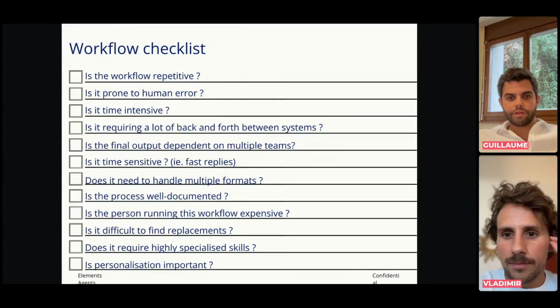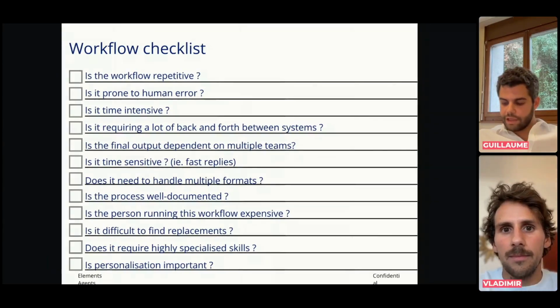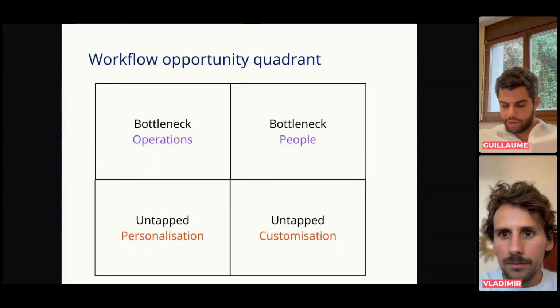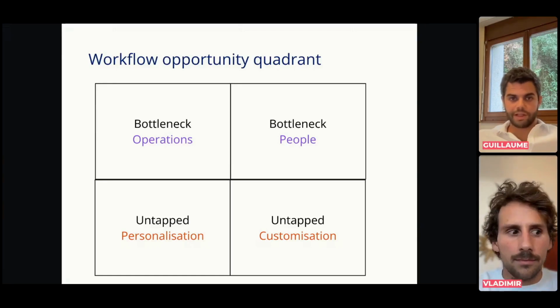No, I had a little thing to add to the previous quadrant, which appears to be working a lot, generally speaking, and something we've come across. A lot of successes are where people previously did not have time to do it in their companies, or they wanted to, like you say, customize something for clients, but they didn't have the bandwidth to do it.